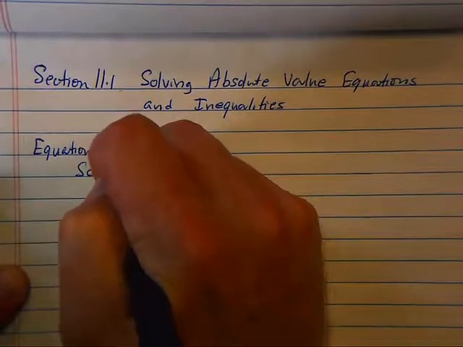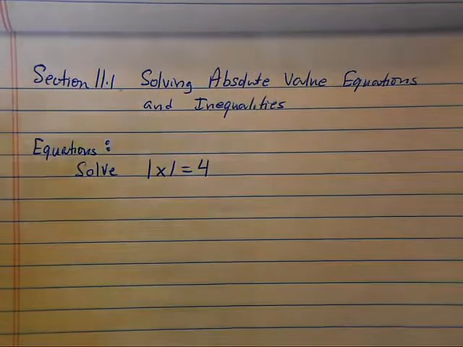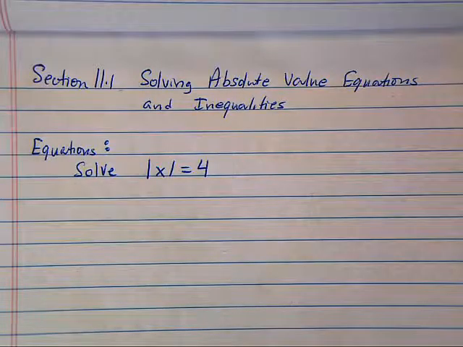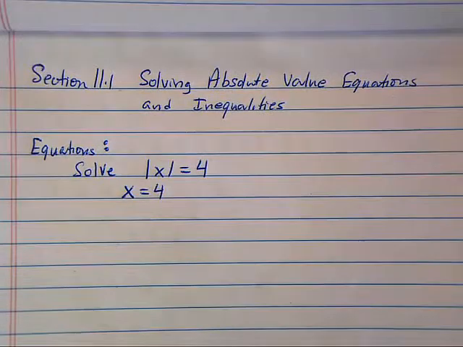Solve absolute value of x equals 4. Can anybody solve that equation? There are two answers. The two answers are x could be the number 4. How come x could be the number 4? What's the absolute value of 4? 4.